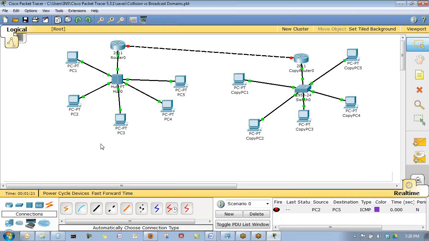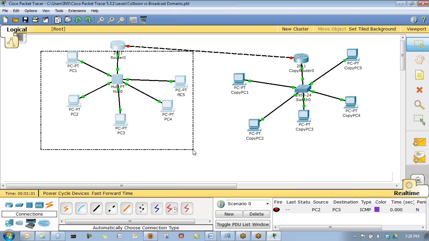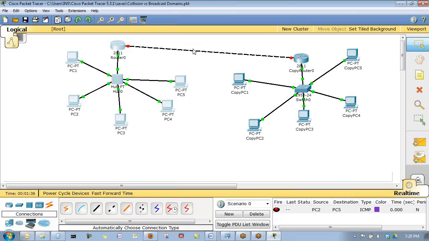So it's the hub, the switch, and the 2 routers. You've got this. That's a collision domain, including the router. As Nick said, this connection right here between the routers is a collision domain.